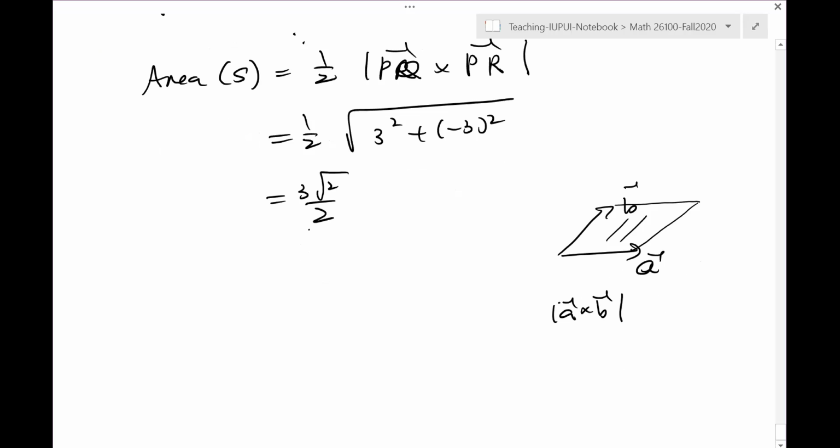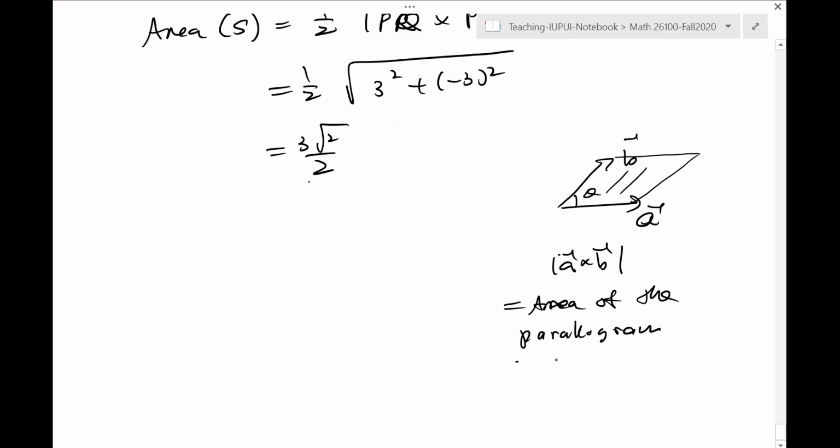So for the triangle, just divide by half. If theta is the angle, this is the length of vector A times the length of vector B times sine theta. The length of B times sine theta gives the height of the parallelogram. One side length times the height gives the area of the parallelogram. That's what we learned in middle school, right?